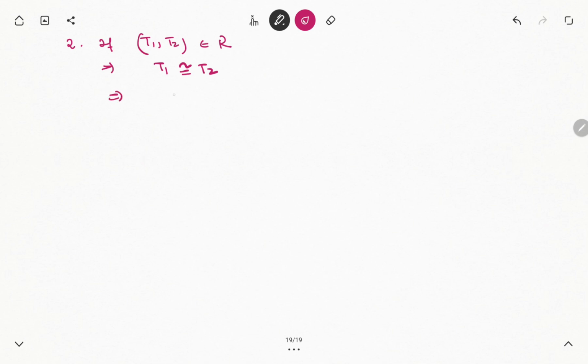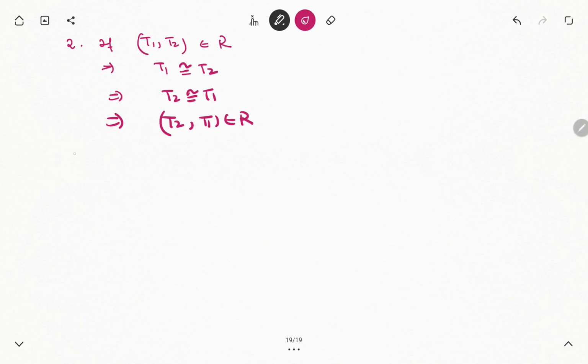This also implies T2 is congruent to T1, and this implies (T2, T1) belongs to R. Right? So (T2, T1) belongs to R.